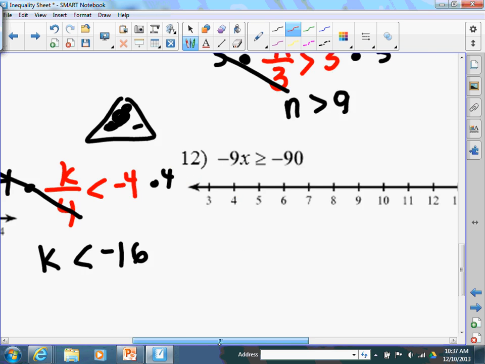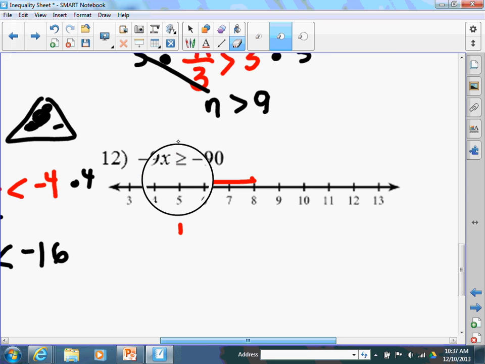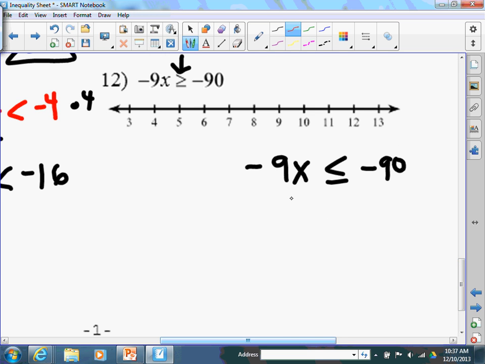Number 12. Is my variable on the left? Yep. Is there a negative in front of or below it? So what do I do with this symbol? You reverse it the other way. So I get negative 9x, and now I gotta flip it, and negative 90. Right now, what do I do to solve this?